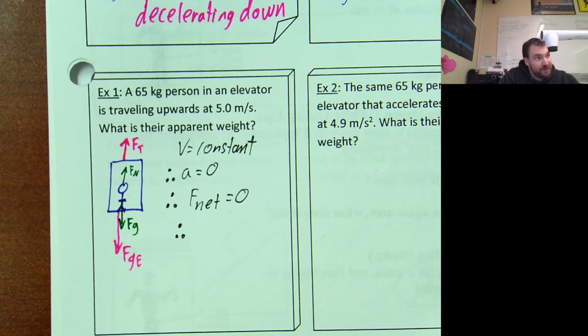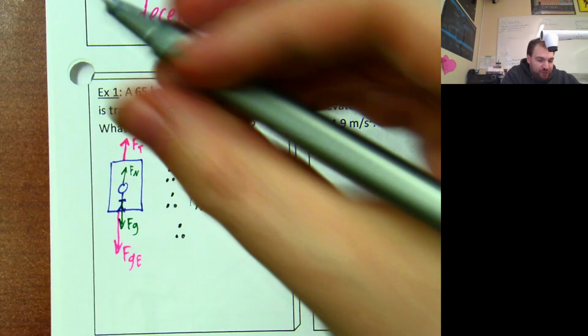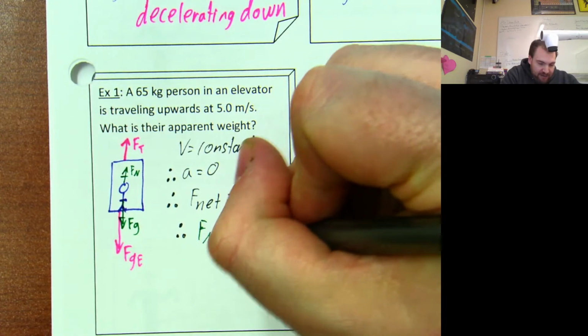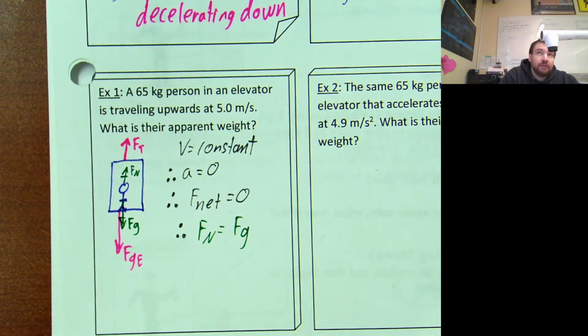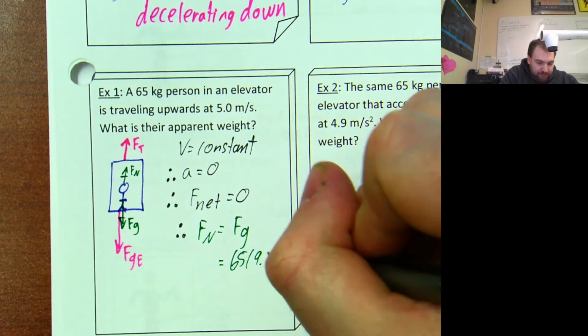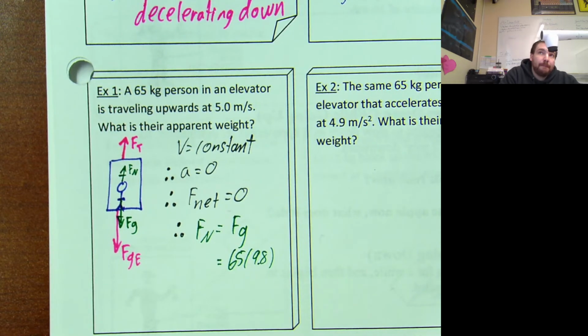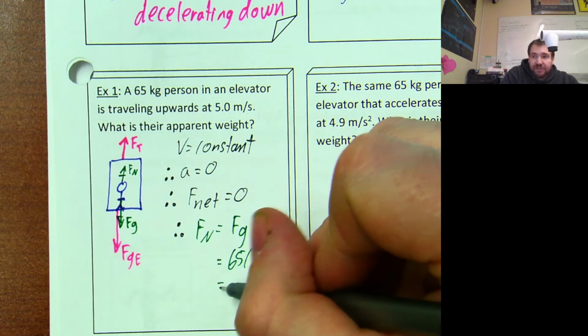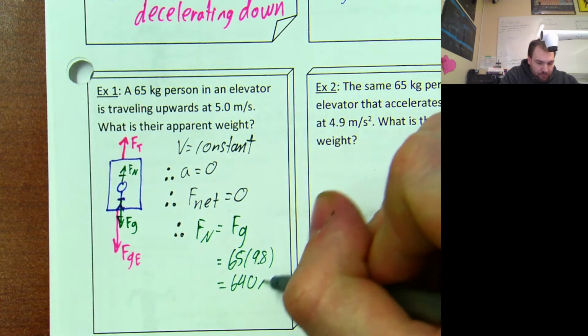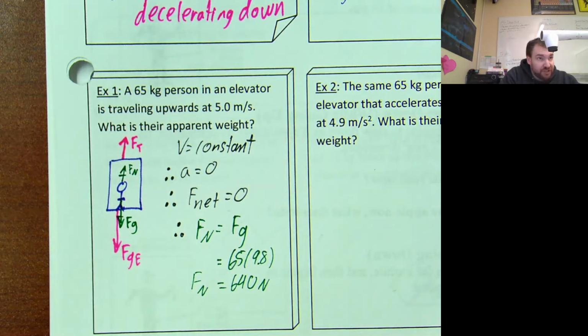In this case, what's balanced? The actual weight and the apparent weight. So Fn and Fg are balanced. Fn equals Fg. So their apparent weight is going to be equal to their actual weight, which is just 65 times 9.8, which is 640, I think. 637?